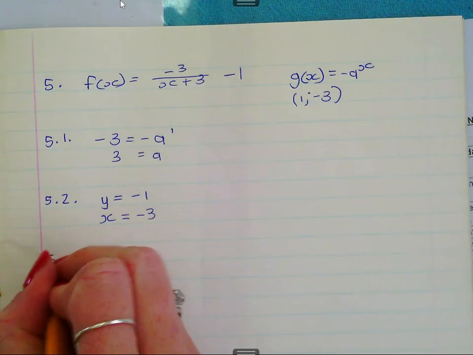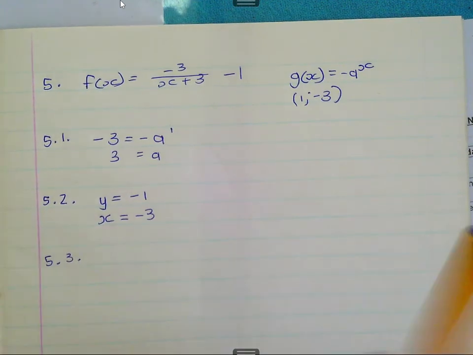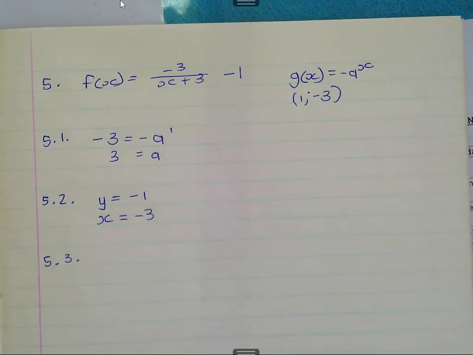Alright, 5.3. Ooh, this is a nice one. I forgot I also wanted to talk about this. Write down the range. Now, with your class, we forgot to write it down on that previous page. If you have that page there, you can open up there. The first one they ask on that other page is the domain. And the second one they ask for, right at the top, Antoinette, page back, is the range.